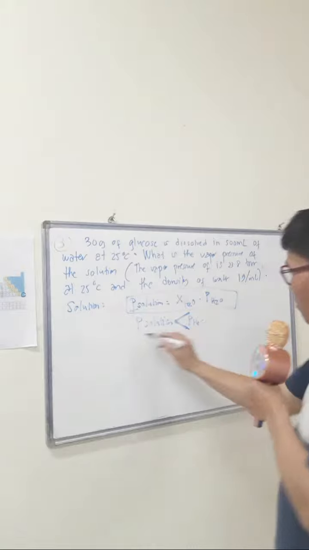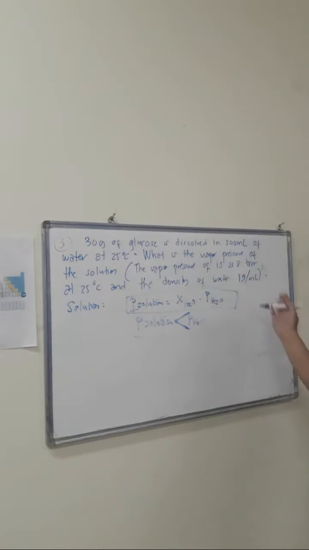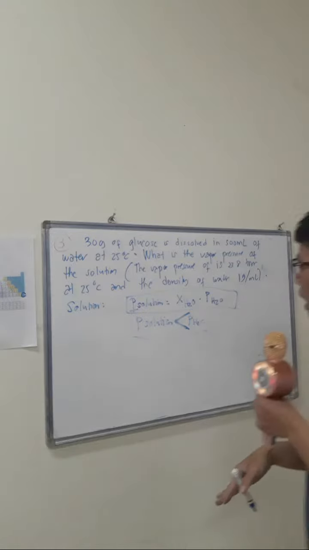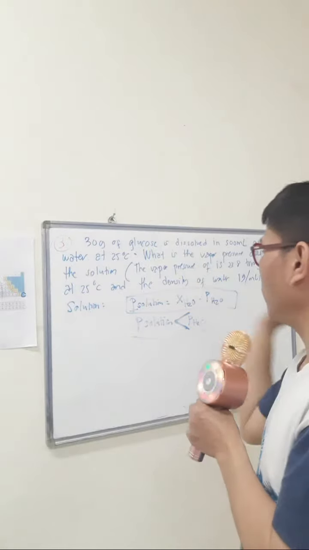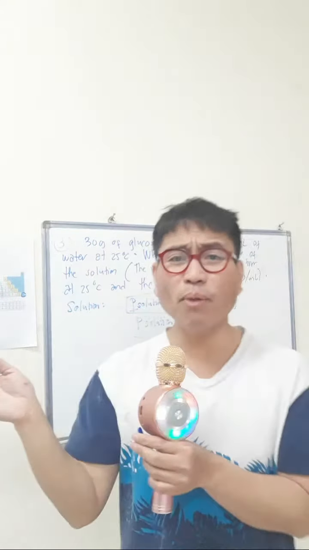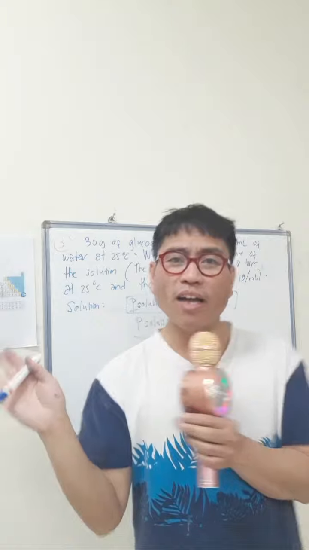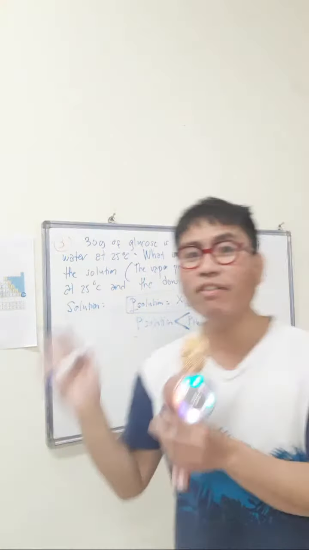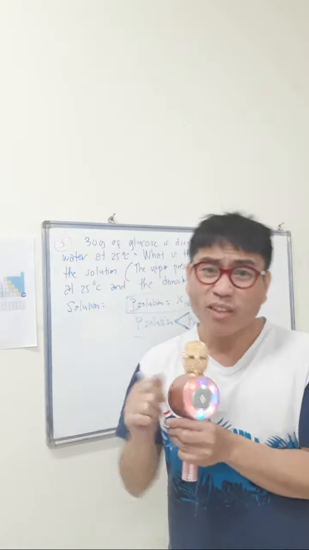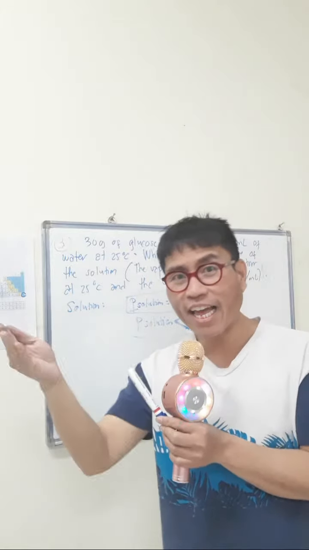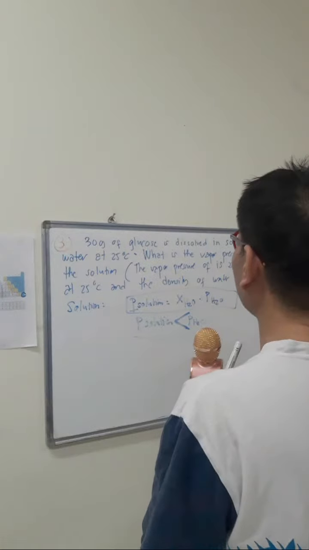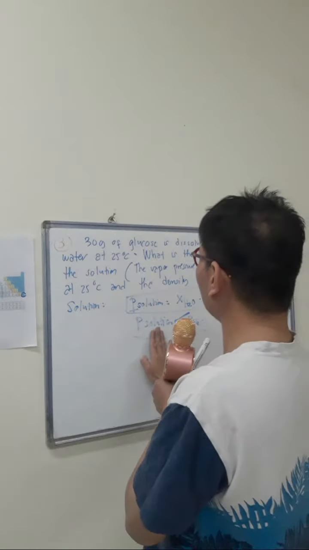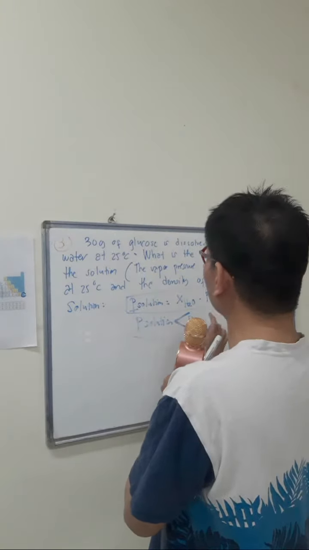In math, greater than, lesser than, greater than or equal to, and so on. That will be the clue. So that is the first theory: vapor pressure of the solution is always lesser than the vapor pressure of water.